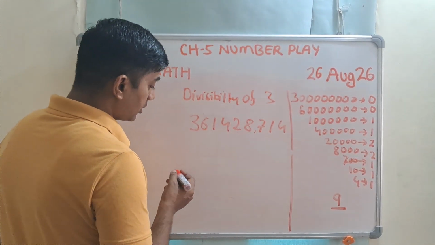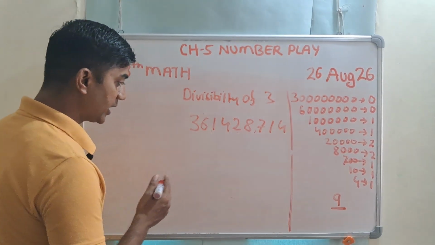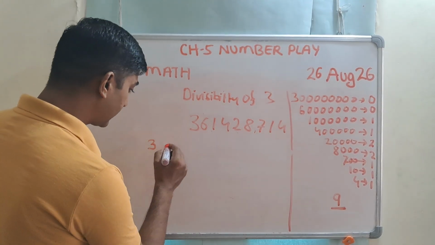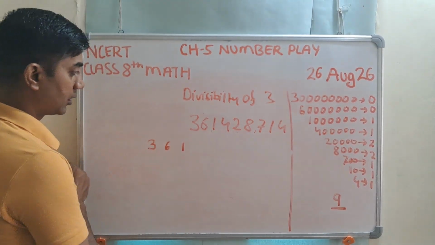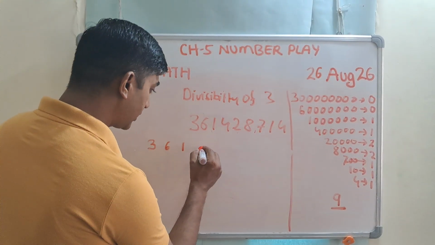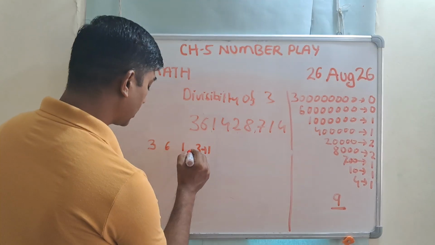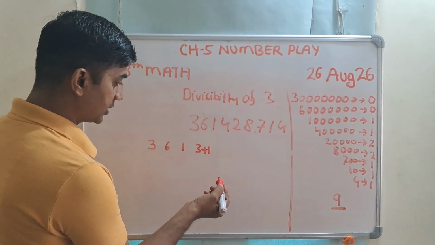Now see, I am going to split this number to make you understand. This 3 is 3, understood? Then this 6 is 6, then this 1 is 1, and this 4 is 3 plus 1. I am just splitting all the numbers, understood?